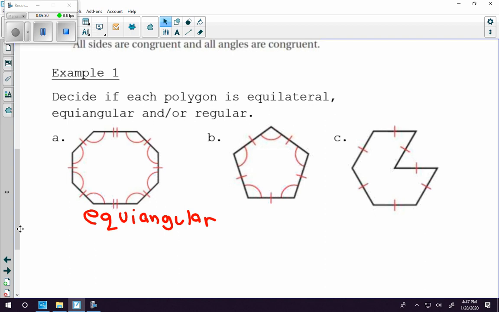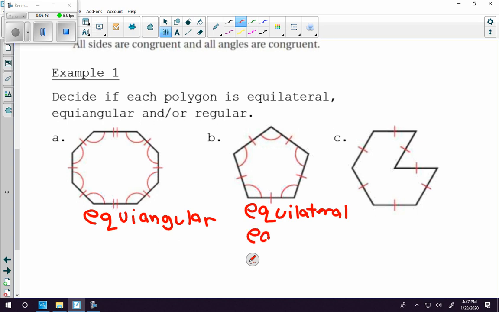Letter B, I notice that all of the segments are congruent, so it's definitely equilateral. And then I look at each interior angle, and they each have the same amount of swoop marks, so it is also equiangular.